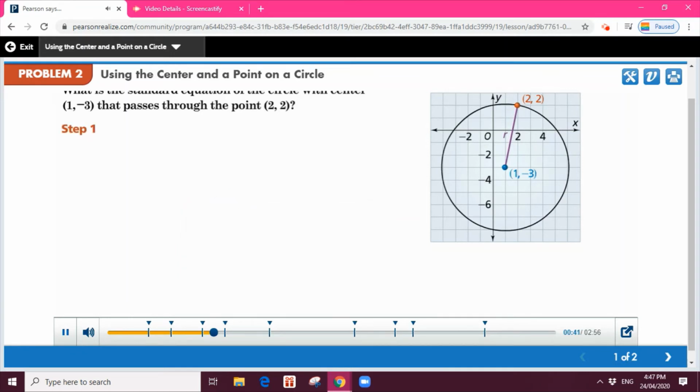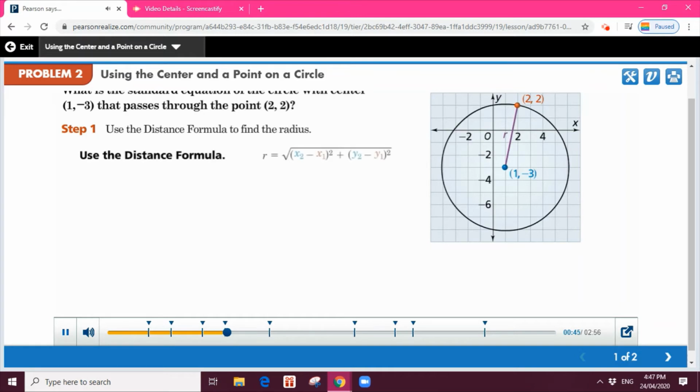Step 1. Use the distance formula to find the radius. Substitute the coordinates of the center and the point on the circle.